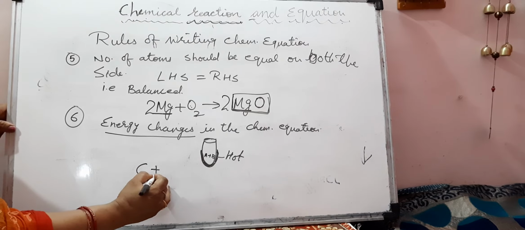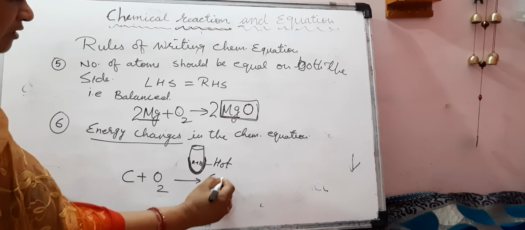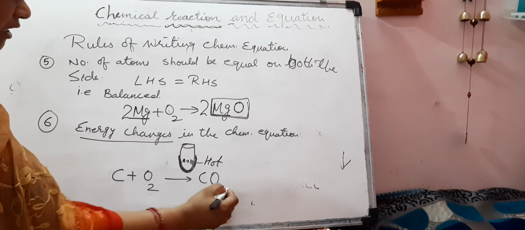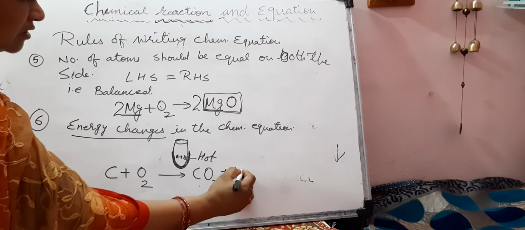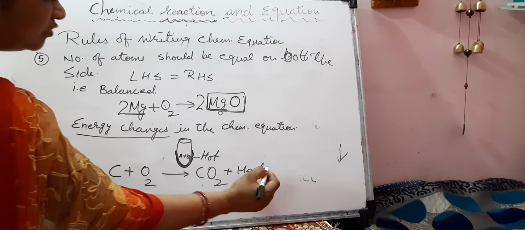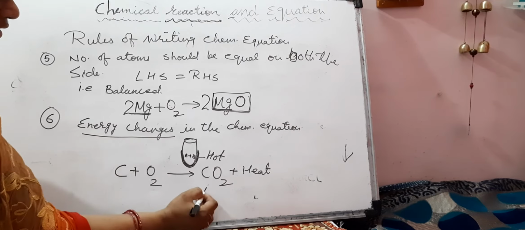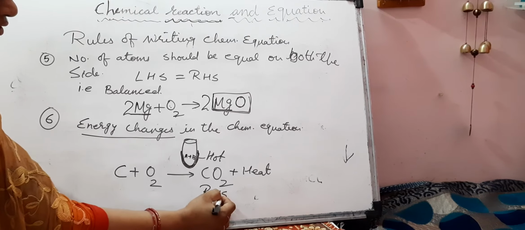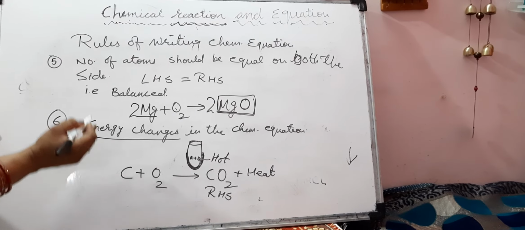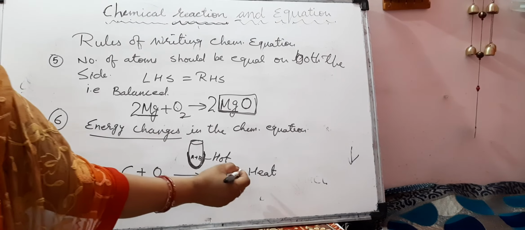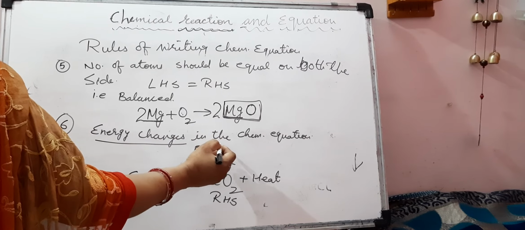Paper when burnt in the presence of oxygen gives carbon dioxide. Along with the formation of this product, some heat is evolving out, which we write on the RHS side. So in chemical equations we have to indicate the energy changes.